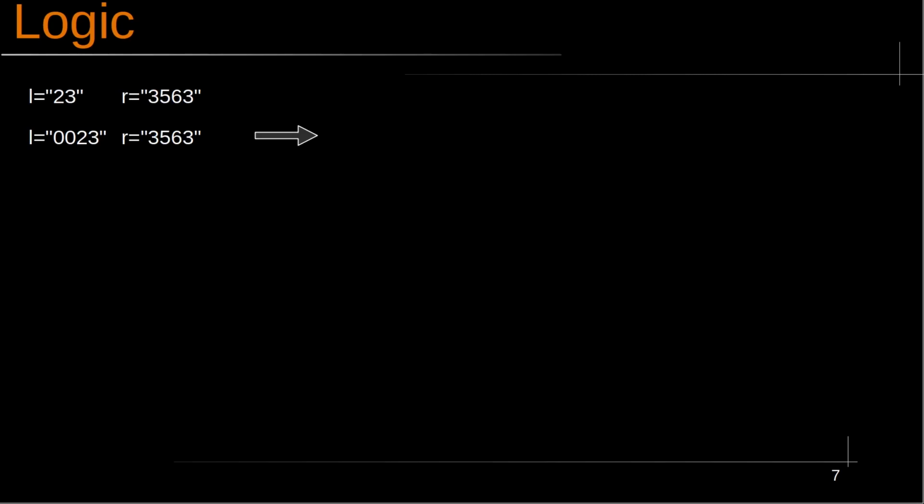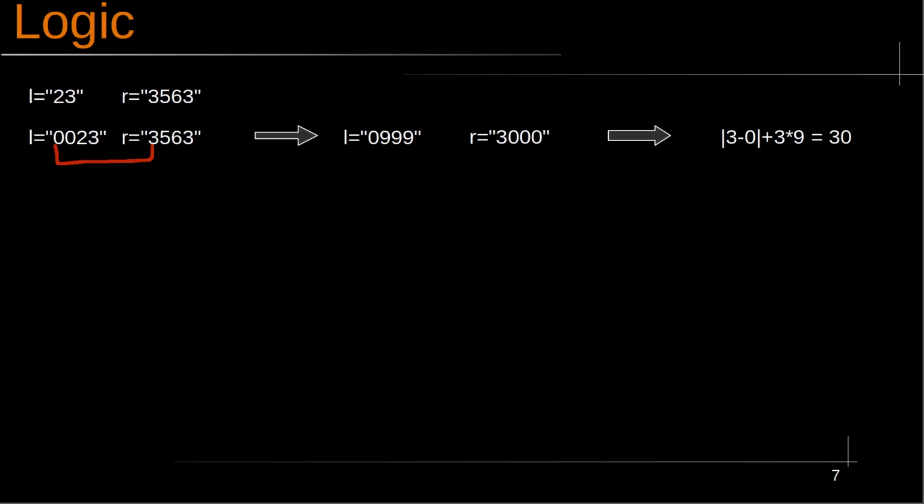Then we're going to maximize the sum of absolute values of differences of each digit. So we have here 0 is different from 3, so we're going to compute 3 minus 0 plus 3 times 9, as we have seen in the previous slide.